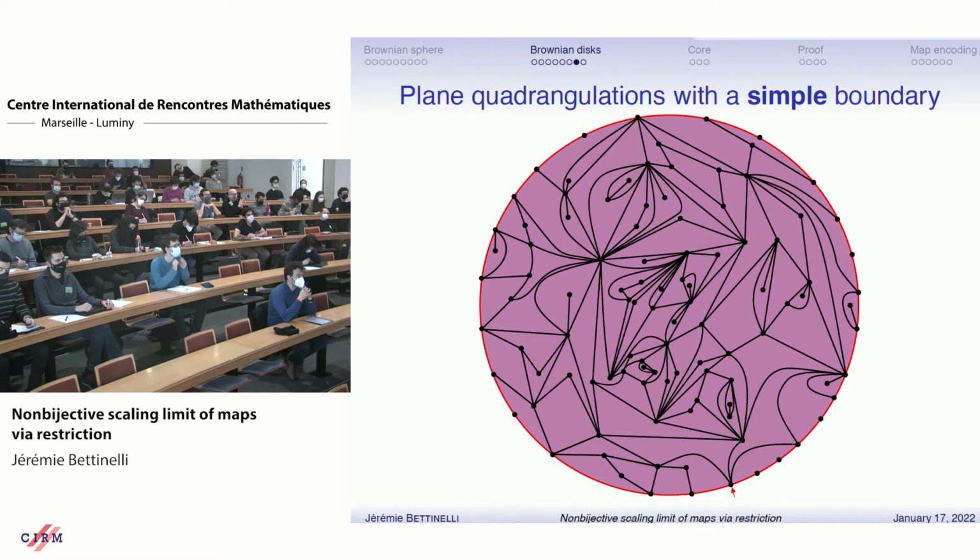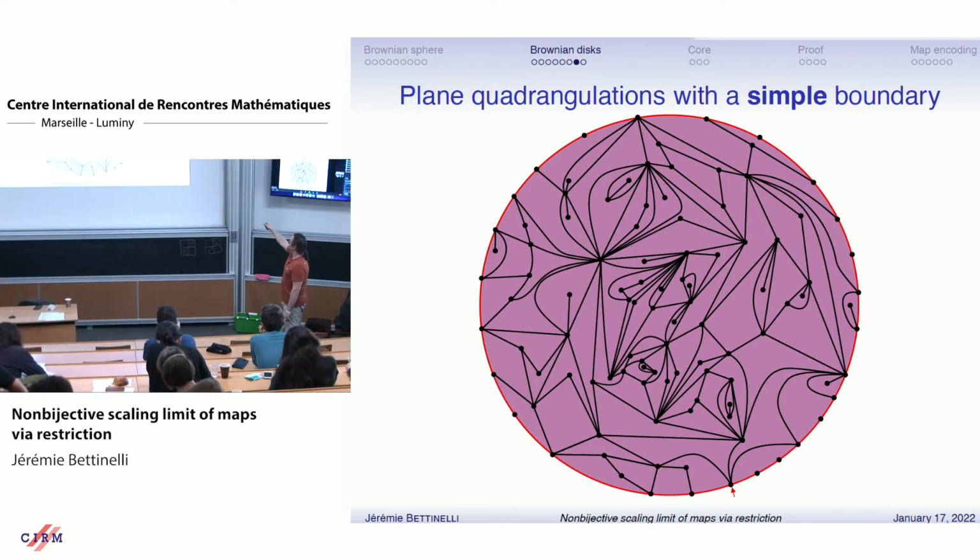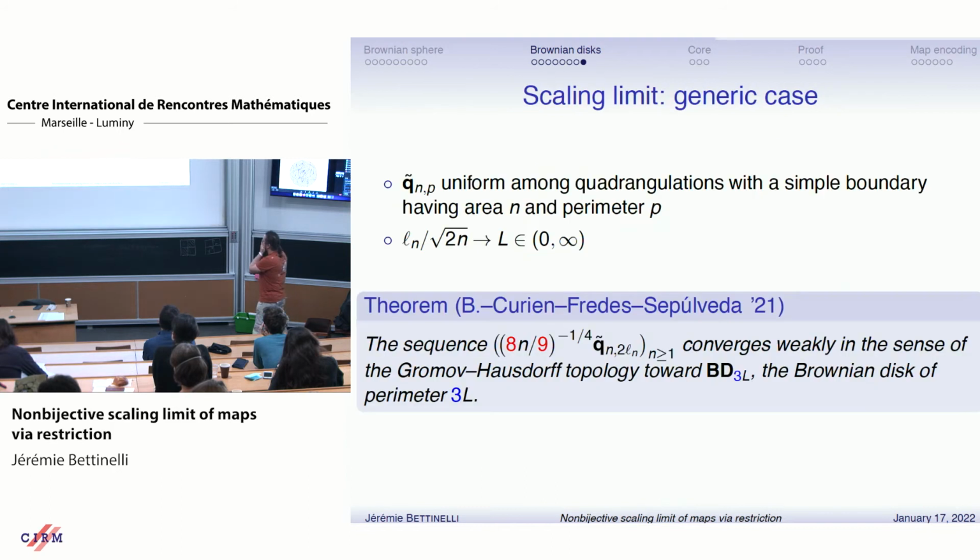Another way to say it is that all the edges on the boundary have one side incident to the external face and one side incident to an internal face. You don't have an edge that sees the external face on both sides.